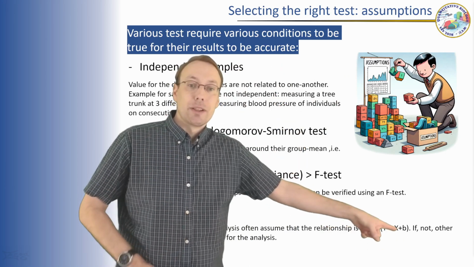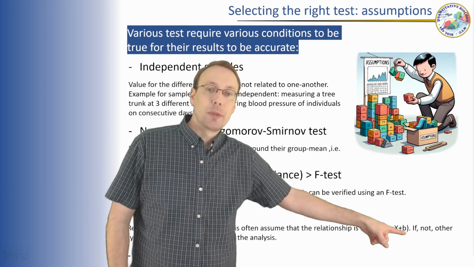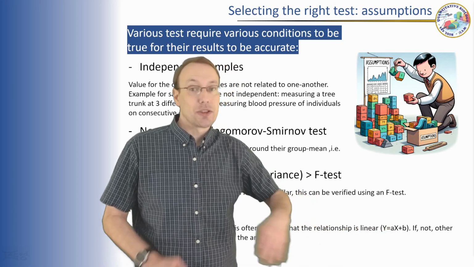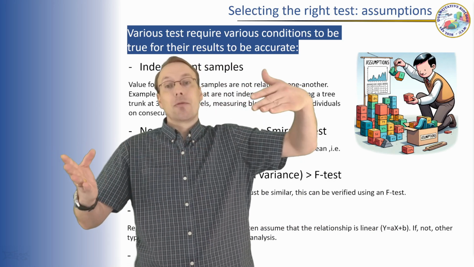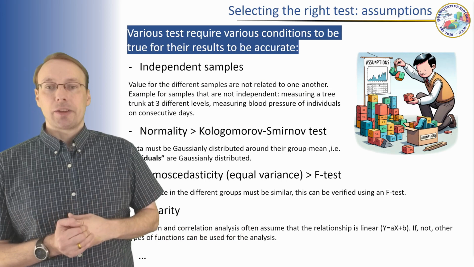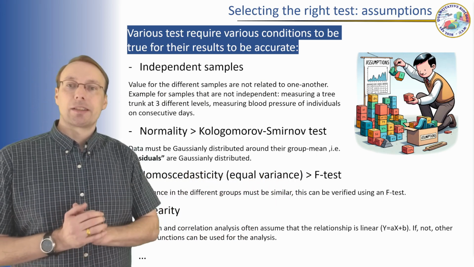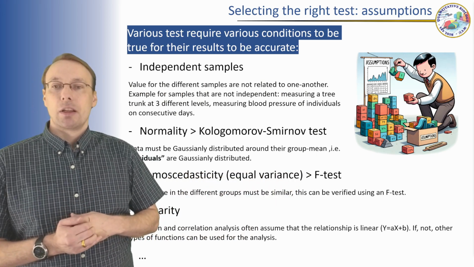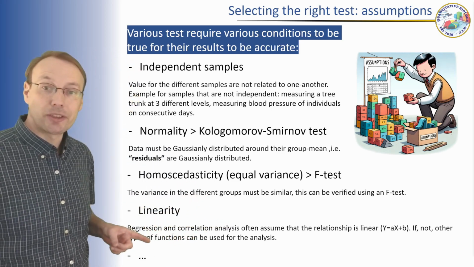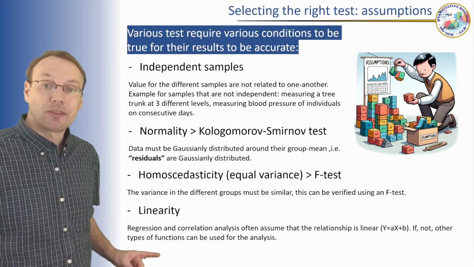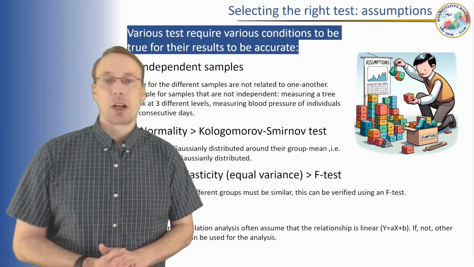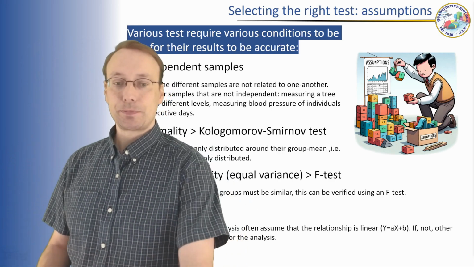If you remove the offset, you remove b, basically y equals ax, right? So you just scale x and you get y. That's a linear relationship, and a lot of math can be based on the assumption that this is the kind of relationship you have. If you think that's not true, you can do other types of analysis, regression analysis for example, that rely on nonlinear functions. It's typically a little bit more complicated, but it's possible.